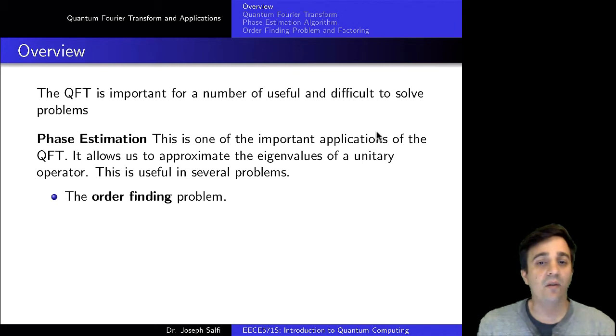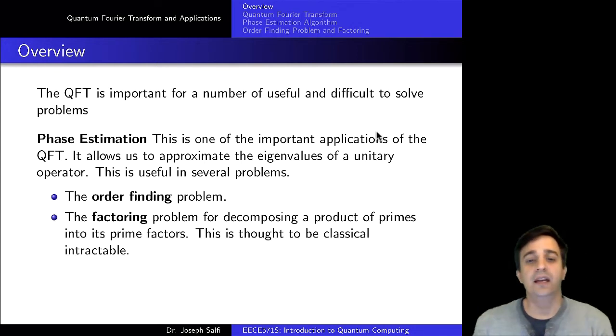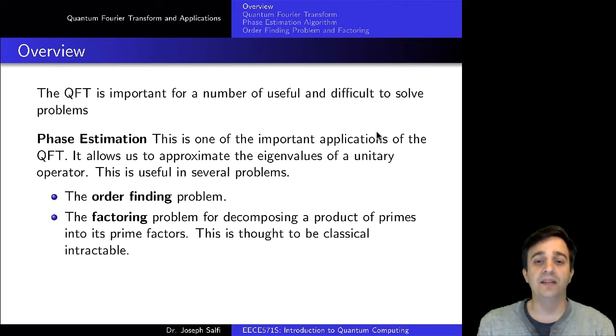The algorithm phase estimation is useful in several other problems. One is the order finding problem, which we will discuss. It's a problem in discrete math. Another one is the factoring problem for decomposing a product of two primes into its prime factors. This is thought to be classically intractable. Yet another problem is for finding the eigenvalues of a unitary operator.